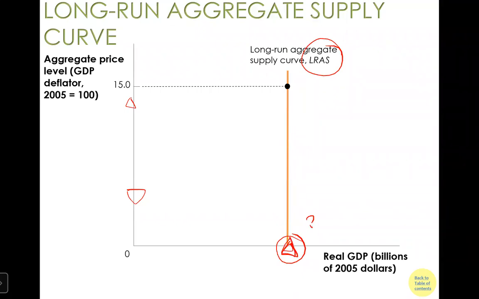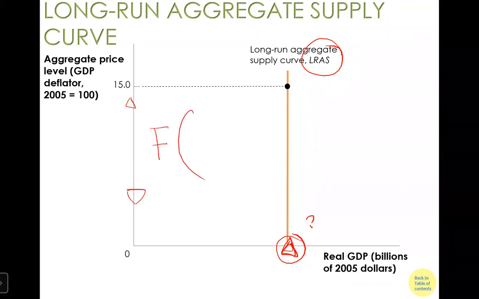The answer to these questions goes back to an equation we discussed when we studied economic growth. When we studied economic growth, we said the production of our economy will be determined by the following things.